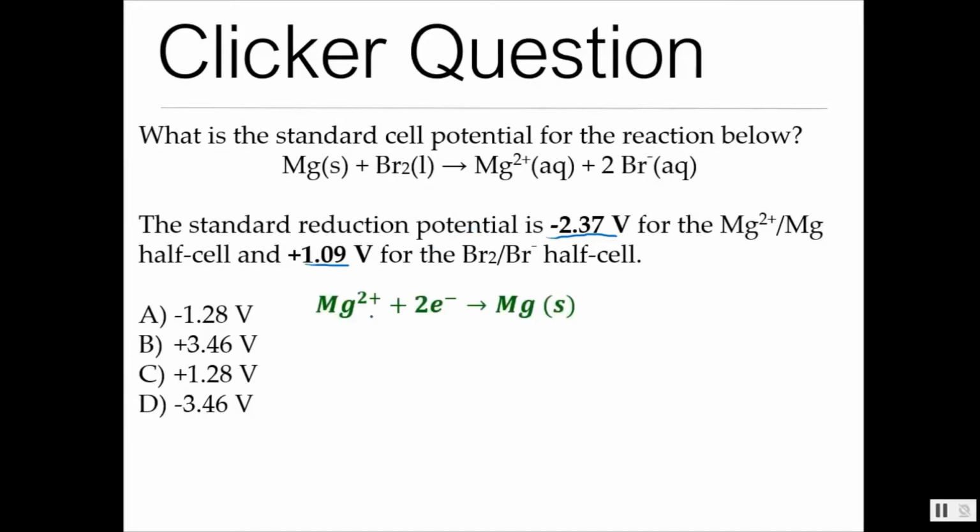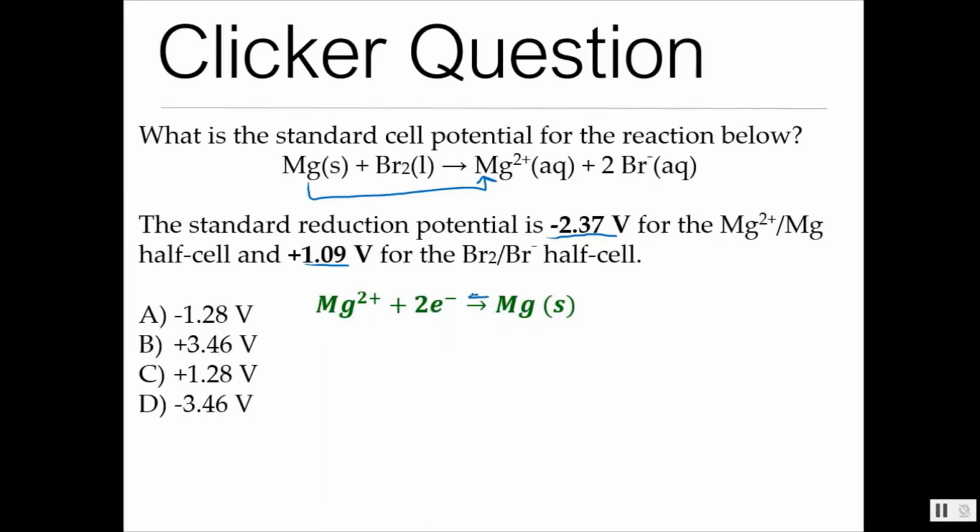So our first half reaction for the magnesium, where we have Mg2+ going to Mg, as shown here, my oxidation state goes up, which means this must be oxidation. And what I see in the table is that the magnesium 2+ can take 2 electrons and form magnesium solid.